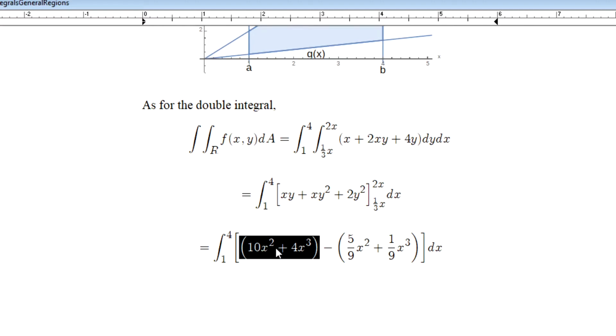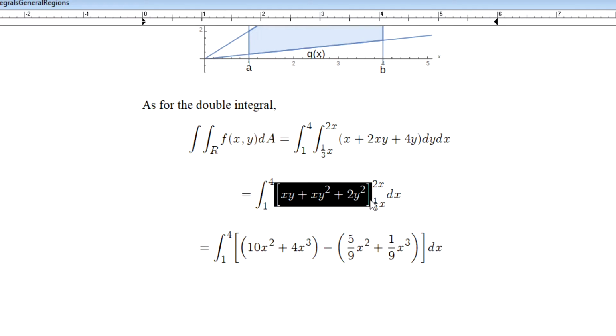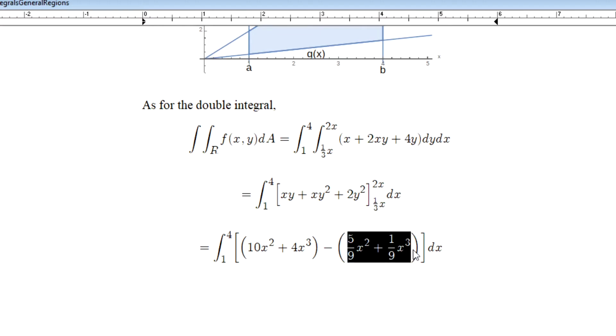The result would be 10x squared plus 4x cubed. Whereas when I evaluate this antiderivative with respect to y, where y equals 1/3 x, I end up with this result over here. We're going to take away 5/9 x squared plus 1/9 x cubed as a quantity.